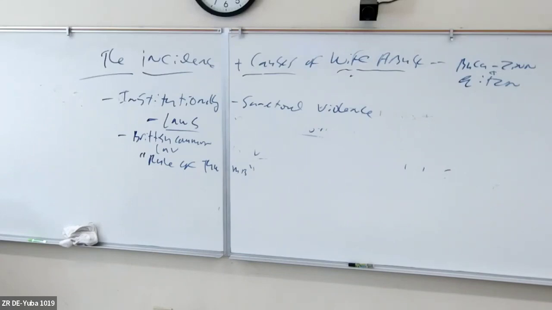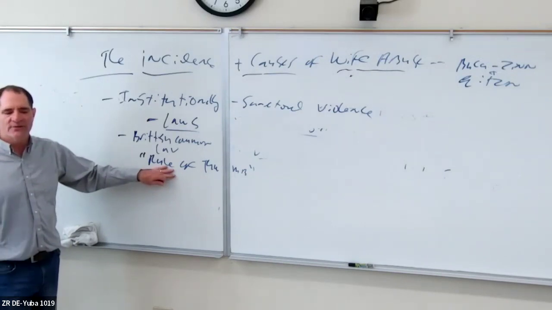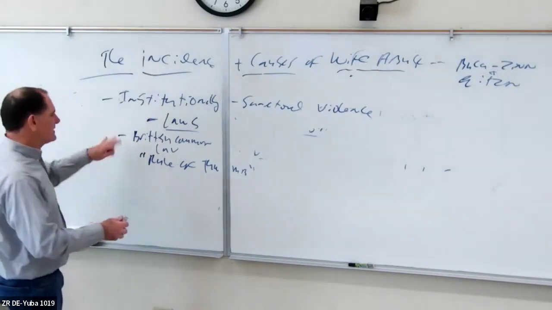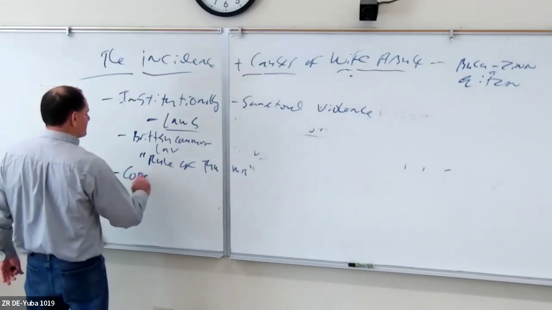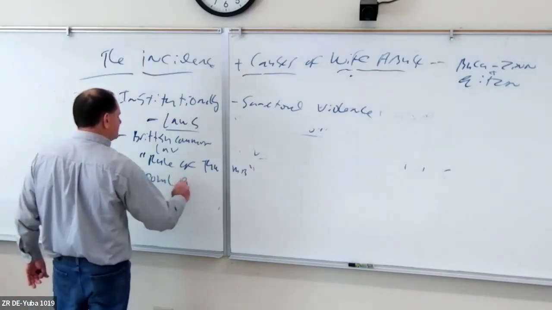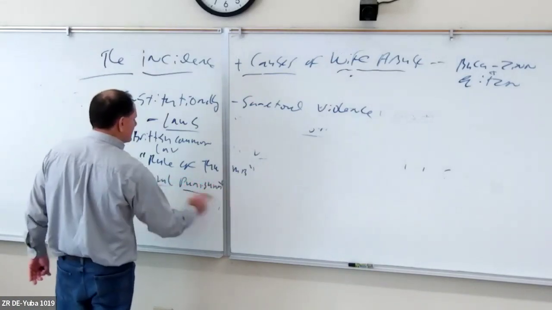But where did the term rule of thumb come from? What does that mean? It came from the idea that in British common law, it was okay to hit your livestock. I should have actually mentioned first of all, corporal punishment is one of the laws.